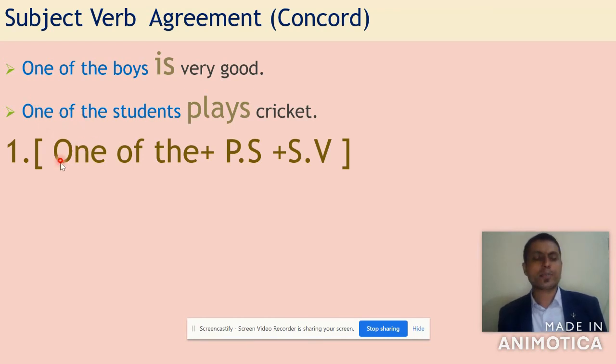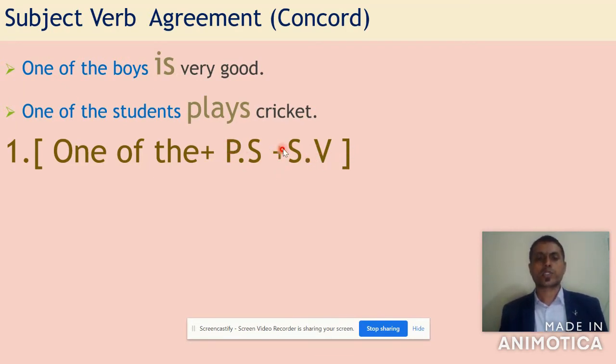So you have to understand: one of the plus plural subject plus singular verb. We have to remember this formula for your convenience. In examination time you have to remember this structure, then apply it and supply the correct form of the verb according to the subject.